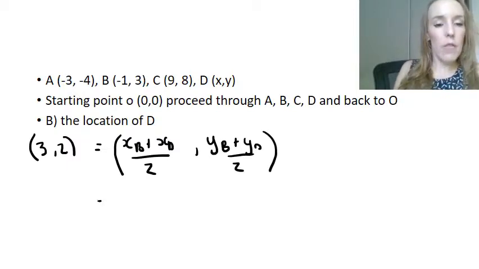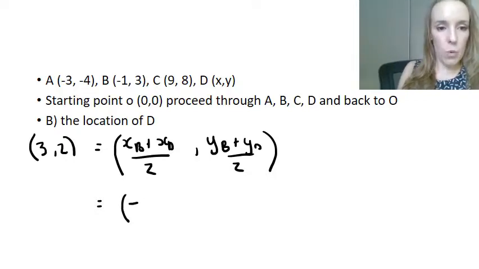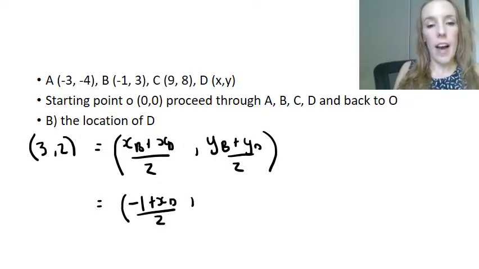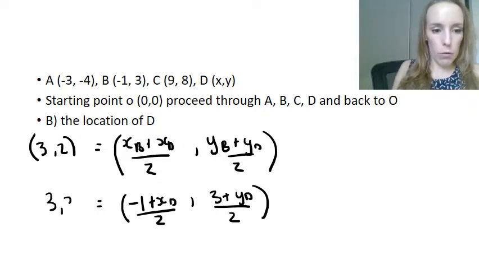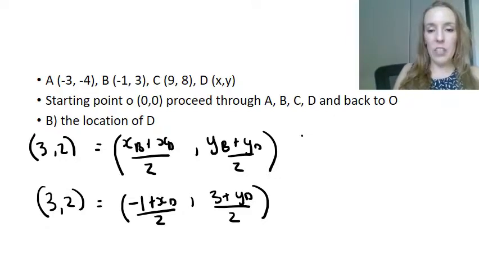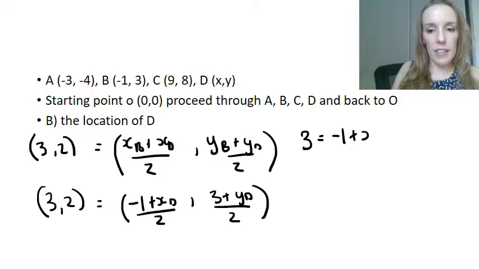And now we can just fill this in. We know that B's coordinates are -1 plus x of D over 2, and the y value for B is 3, so 3 plus y of D divided by 2, and this is all going to equal 3, 2. So from there, I'm going to split it up. We know our x coordinate 3 is equal to -1 plus the x coordinate of D divided by 2.